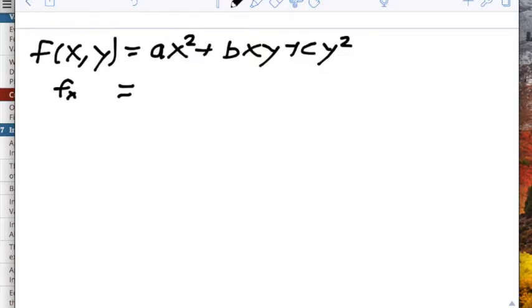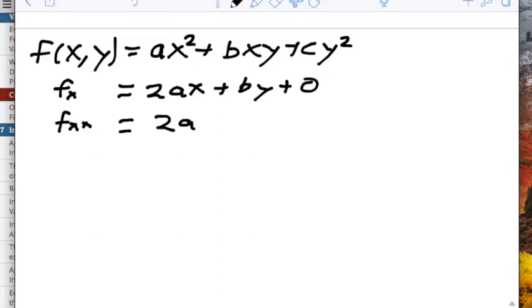Here x is a variable, y is a constant. That's 2ax plus by plus 0. And the second partial, the derivative with respect to x and x again, I take the derivative above and I get 2a, and the by is 0, so that finishes it.